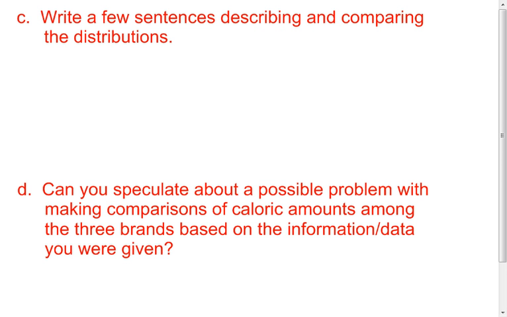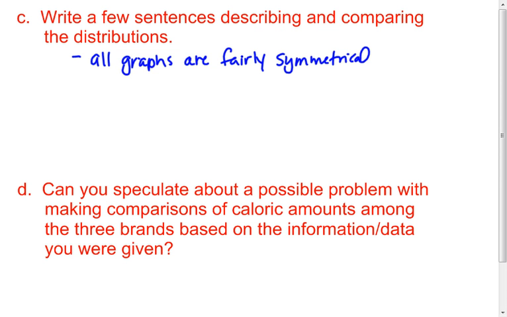Okay, so we will start with shape on this one, and what I can say with shape here is that all of those graphs are fairly symmetrical. If I talk about spread, Ben & Jerry's, I'm going to abbreviate that as B&J, has the largest spread.